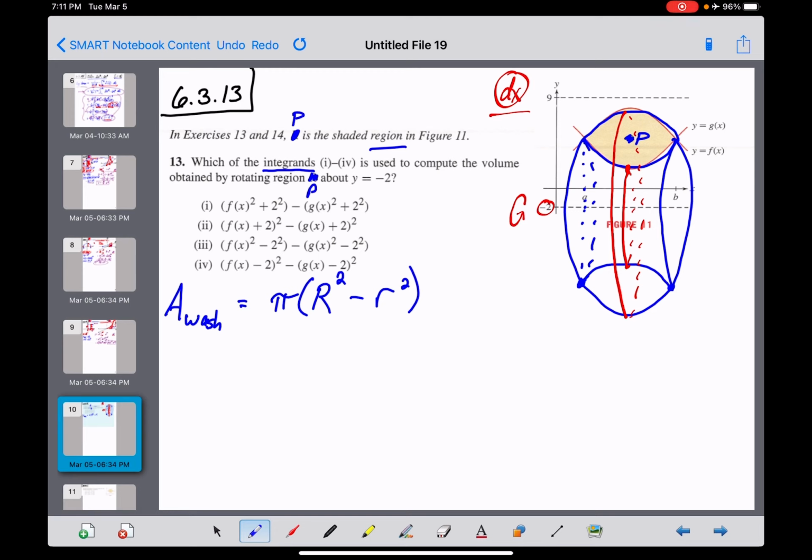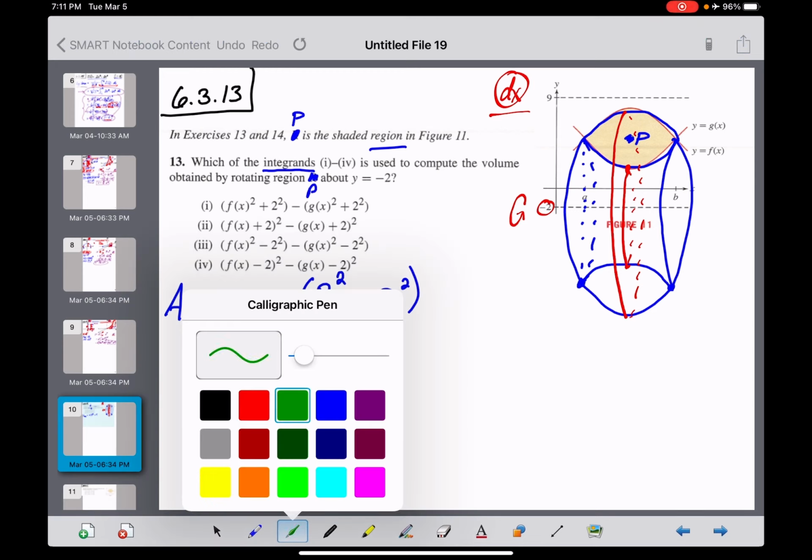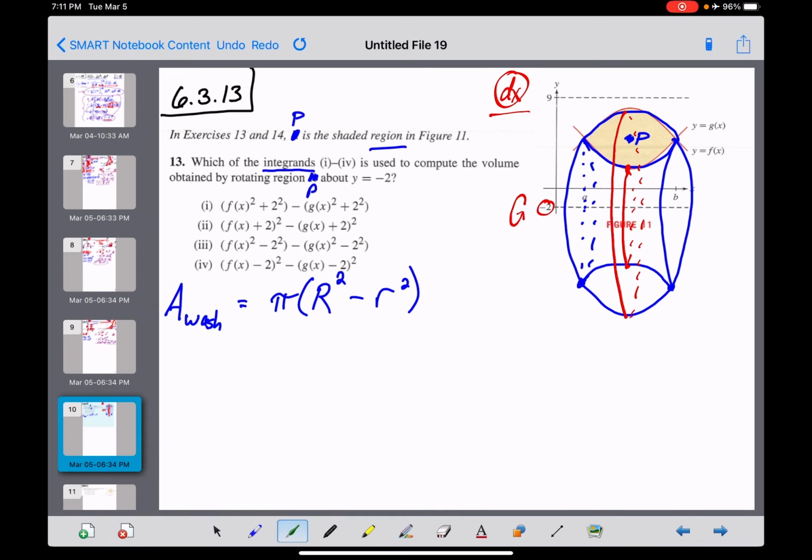And what are big R and little r? Let's draw those, and I usually like to do this in green. Always start at your axis of revolution, which is right here. Big R goes up to the original curve, not the inner part, but the outer part, the higher one right there. So what I just drew in that dark green is big R. And big R here, because it's vertical, would be top curve minus bottom curve.